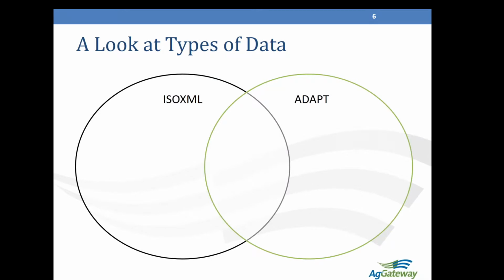So if we look at the types of data that the two focus on, maybe we can add some clarity about what the emphasis of each is. So ISOXML, again, is primarily focused on machine control, information happening in the CAN bus, in the tractor and combine, and so forth. It's focused on task data logging and console to ECU communication.